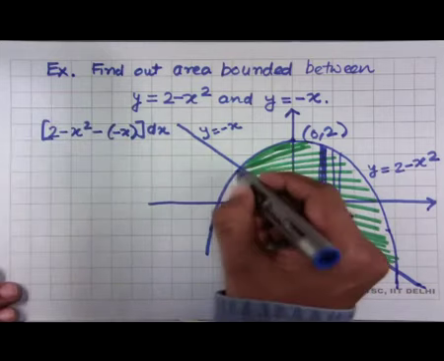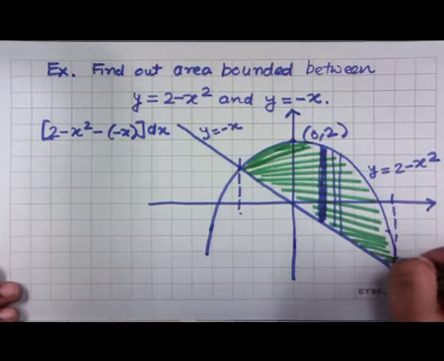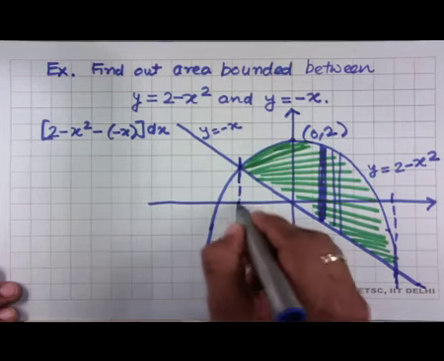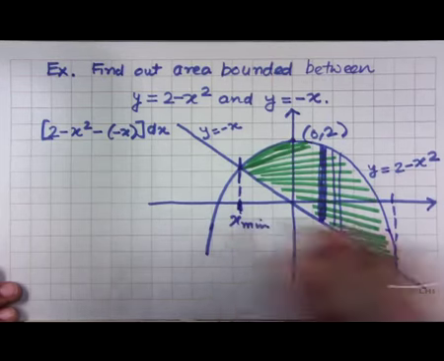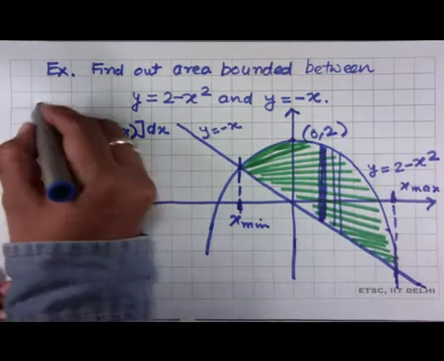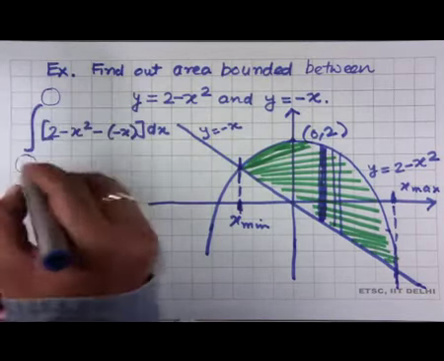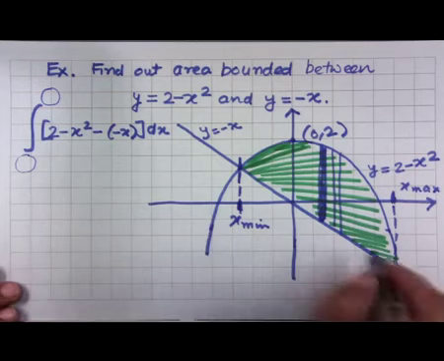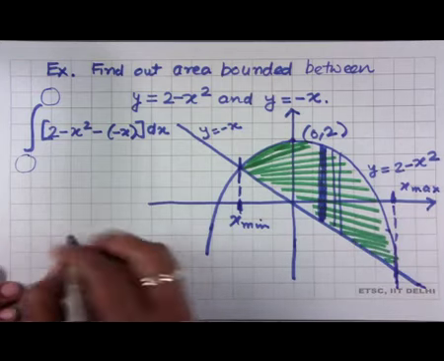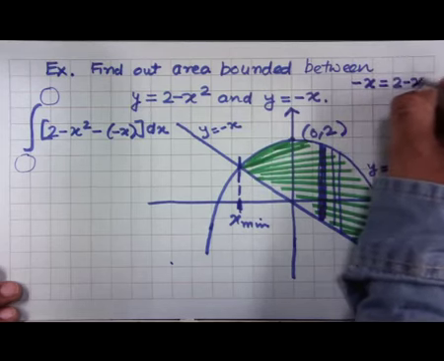Now, value of x for which the entire shaded area is drawn will be, one value is this is x minimum and this is x maximum. We need to find out both the values and then we will put it here, x minimum, x maximum. So, to find out these x minimum and x maximum values, we need to solve equation of both the curves. Minus x is equal to 2 minus x square.